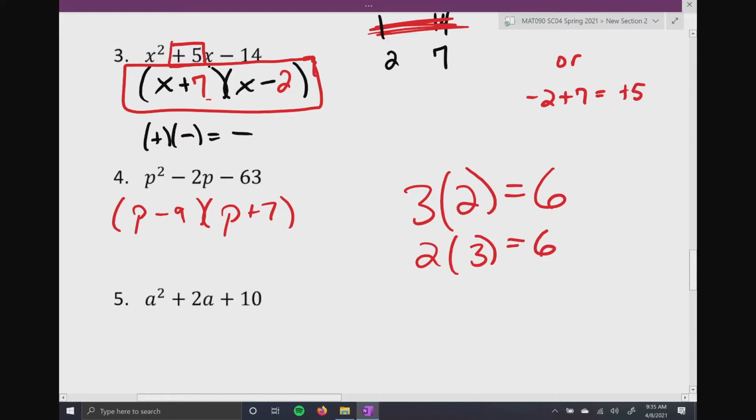In other words, the order does not matter. So p minus 9 times p plus 7 is the same.